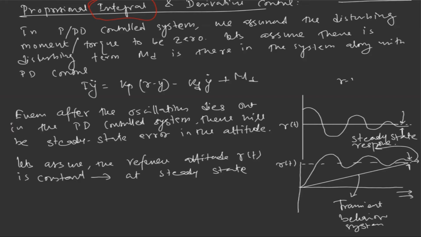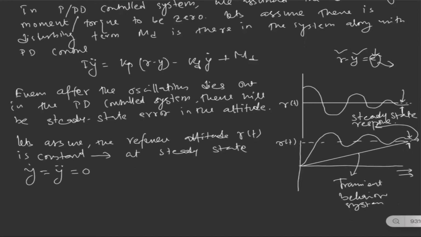So R minus Y equal to error, and the error will be there forever after the system reaches the steady state behavior. R is constant here, and if E is constant after steady state, then Y should also be constant. It cannot vary. So at steady state, we can say Y dot and Y double dot go to 0. That is quite obvious, because Y should be constant at that time.